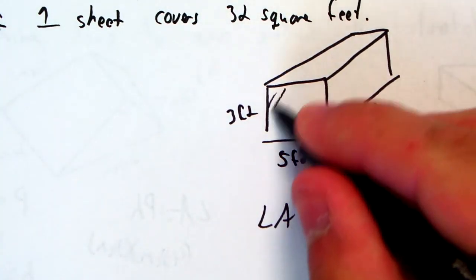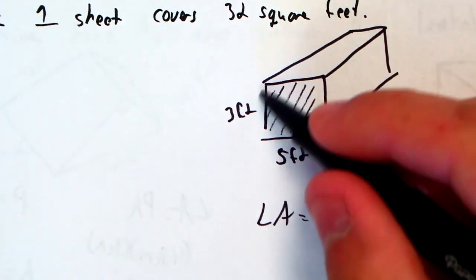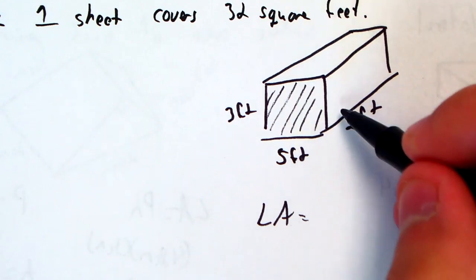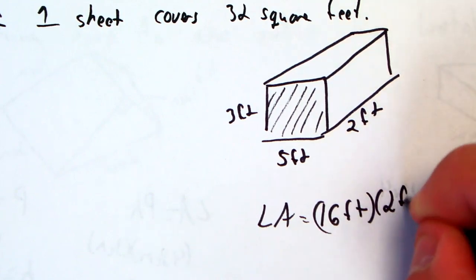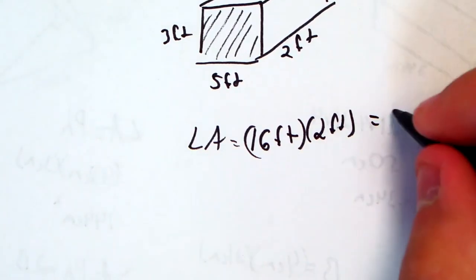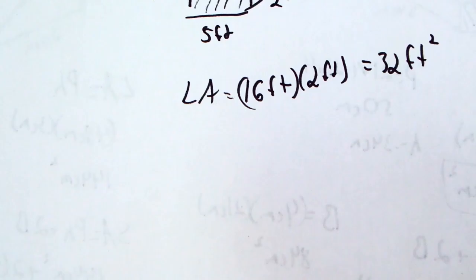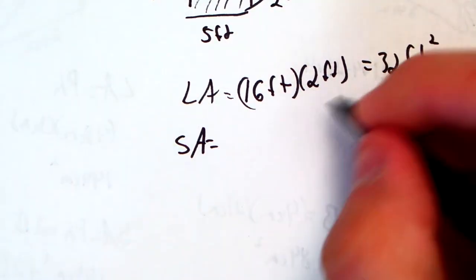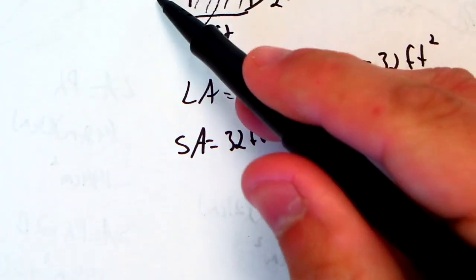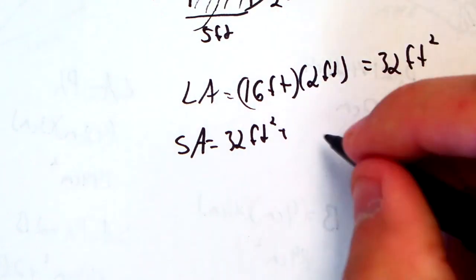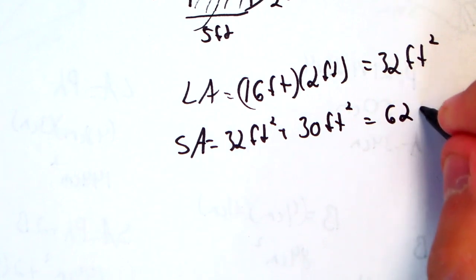If this is the area of the base, lateral area would be the perimeter of the base, so 3 and 5 and 3 and 5, which would be 16 times the height. So the lateral area would be 32 square feet. The surface area would then be this 32 square feet plus 2 times the base, so 2 times 3 times 5, which is 30. So we now have 62 square feet.